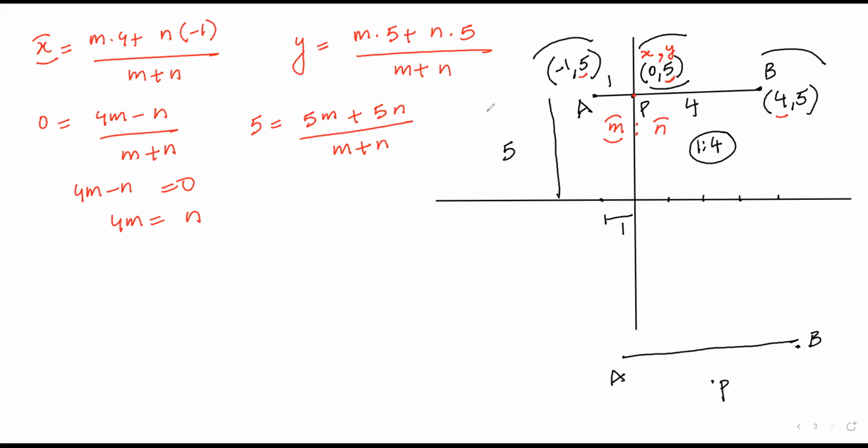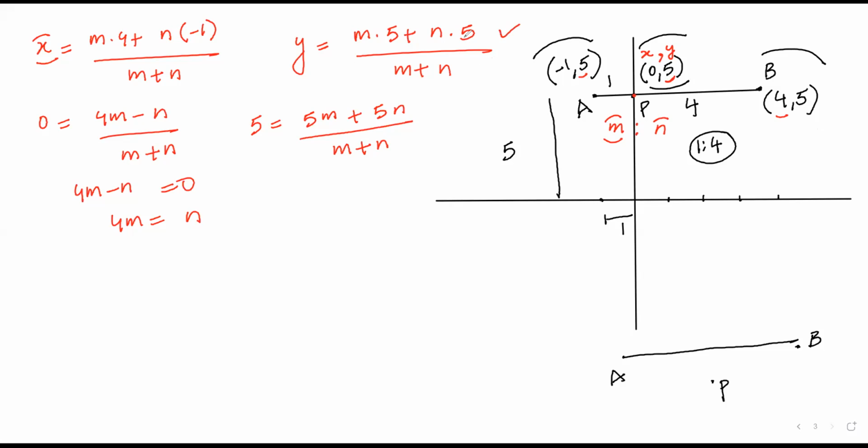See, we are doing some mistake here. y is 5. So 5 will be equal to m y2. m y2 is 5m, correct? Plus n y1, that is also 5.